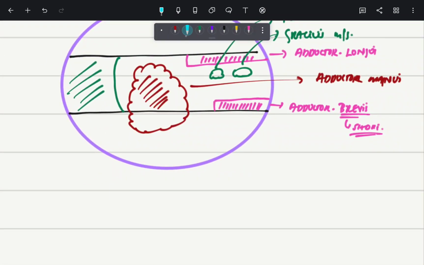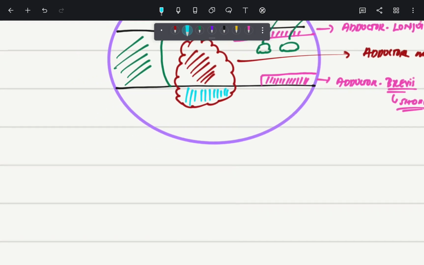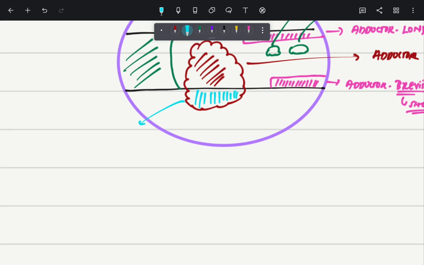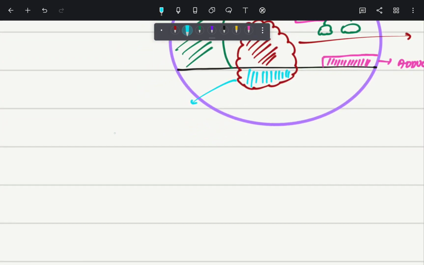Now the main important thing here is, can you see this adductor magnus muscle is penetrating the posterior compartment of the thigh, or going to penetrate the posterior hamstring muscles, hence this muscle is called your adductor magnus hamstring part.